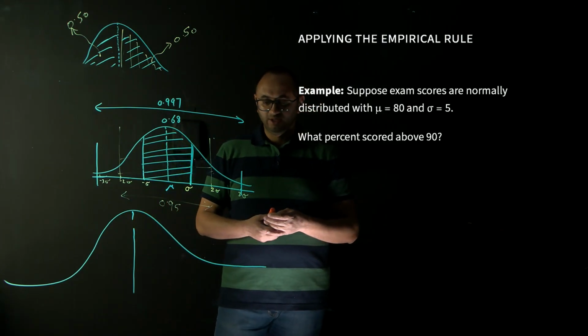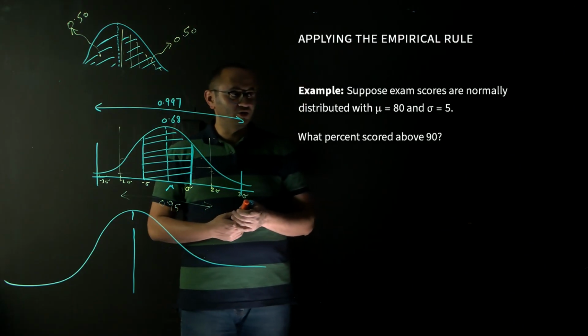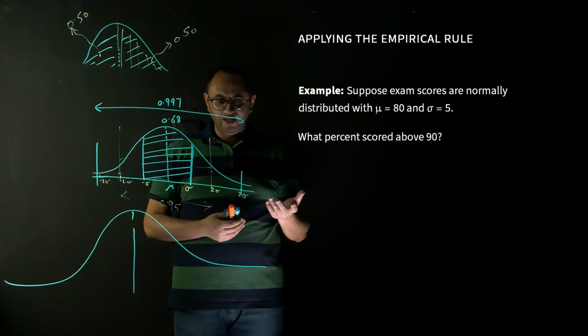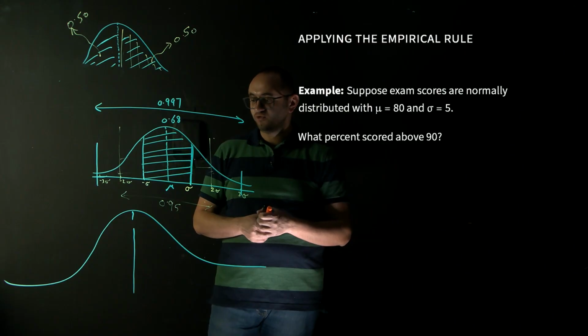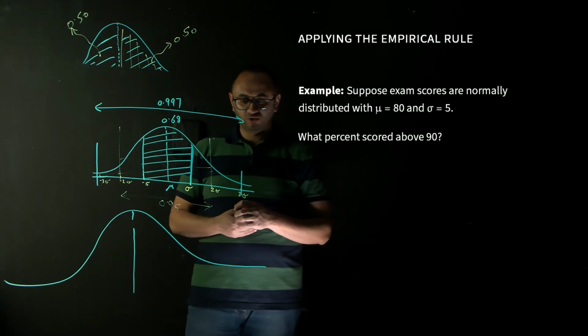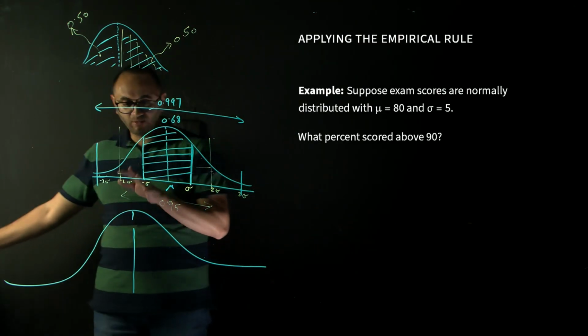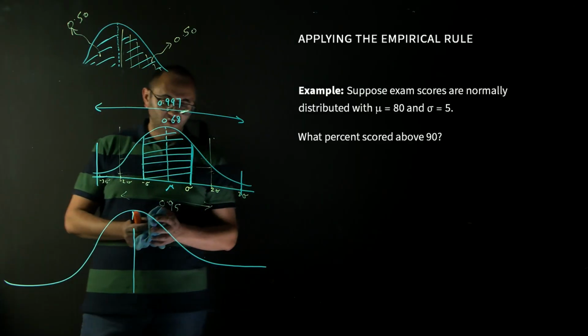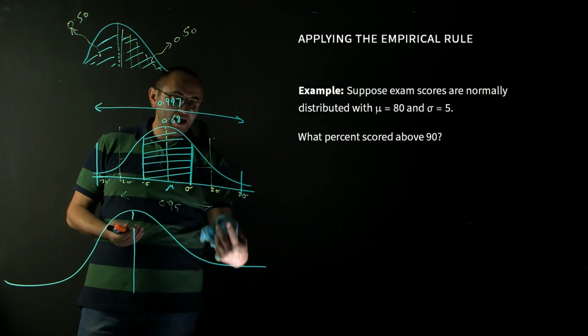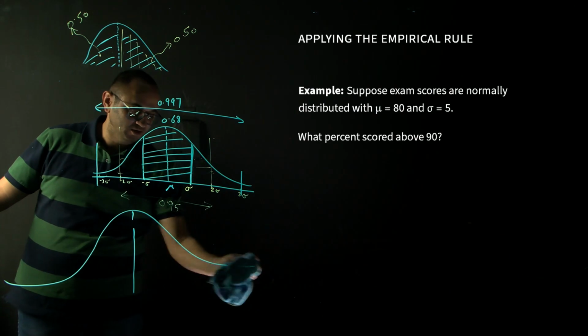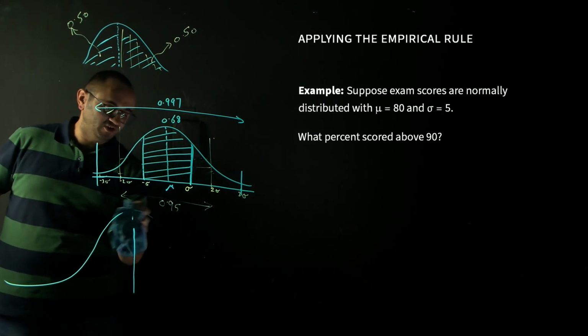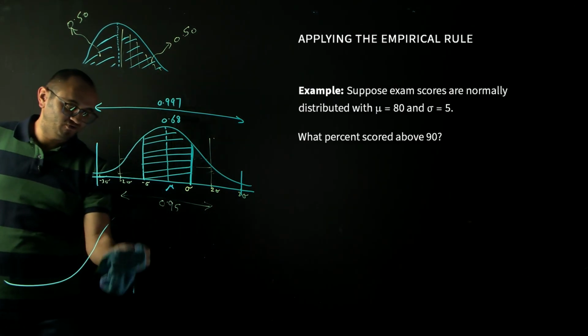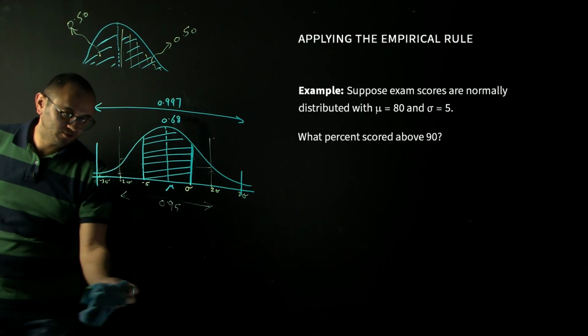Suppose exam scores are normally distributed. The mean is 80 and sigma is 5. What percent scores above 90? So I'm going to use the same graph here. I just want to change the label of mu and sigma because now I have specific values of the parameters.